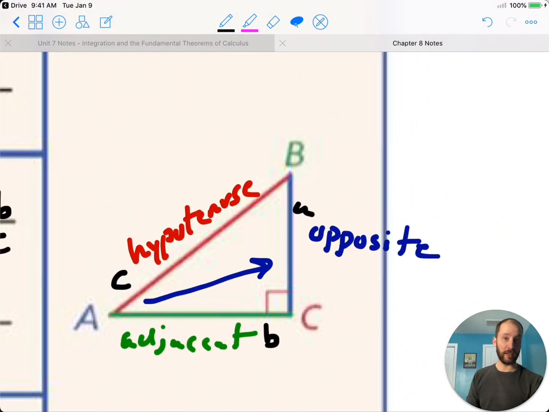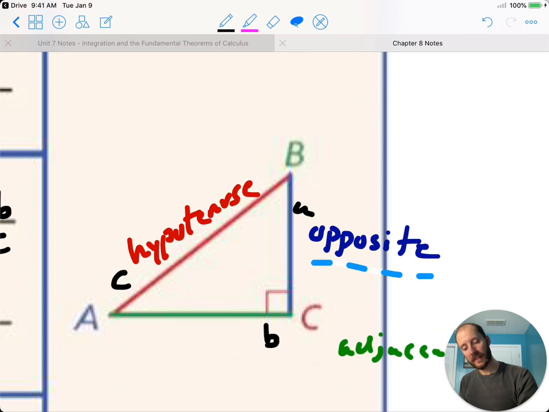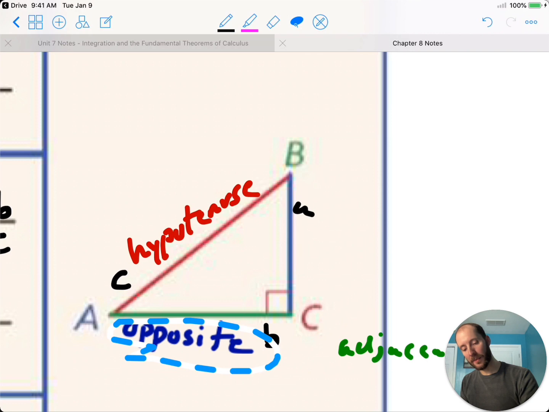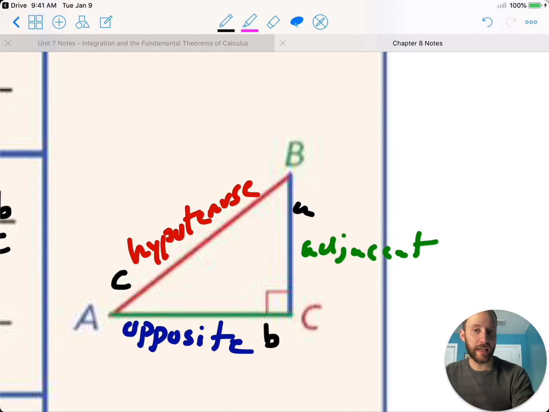But here's the thing. If you're looking at angle B, not angle A, the side labels are going to switch. Because for angle B, now side AC is the opposite. For angle B, side BC is now adjacent. Hypotenuse, of course, is always the hypotenuse.